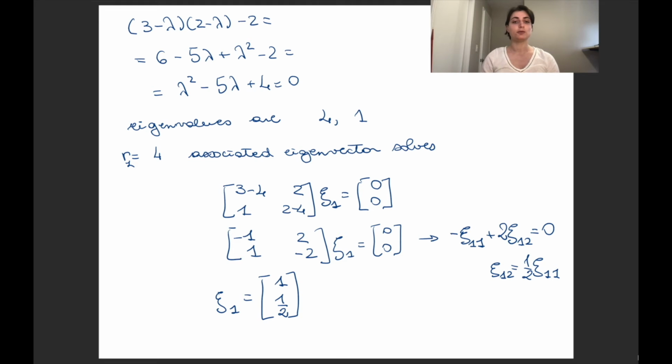Then we want to compute the associated eigenvectors. So we take one of the two eigenvalues, 4, and compute the associated eigenvector. That means that the associated eigenvector solves A minus 4I times xi equal to 0.